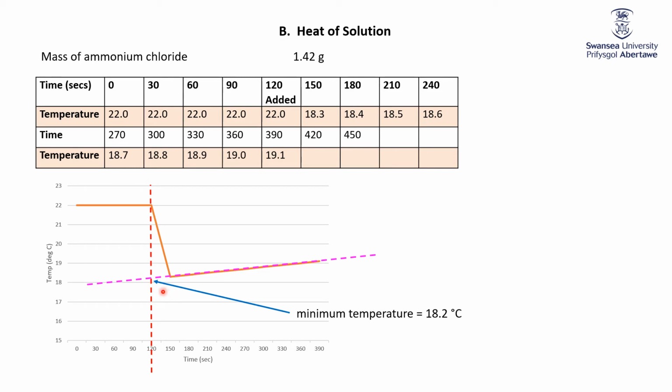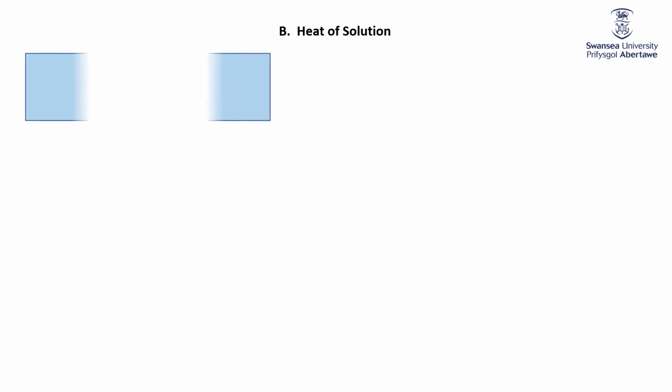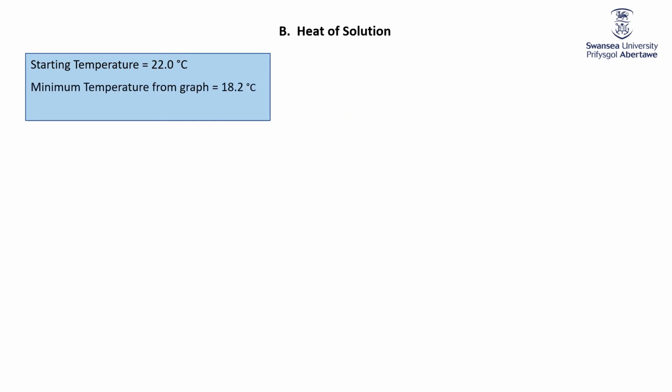So here are the data we're going to need for the calculations. Mass of ammonium chloride 1.42 grams, initial temperature of water 22, minimum temperature 18.2. So let's do those calculations. This blue here is associated with the temperature change of the water: starting temperature 22, minimum temperature 18.2, so the temperature went down by minus 3.8 degrees Celsius.